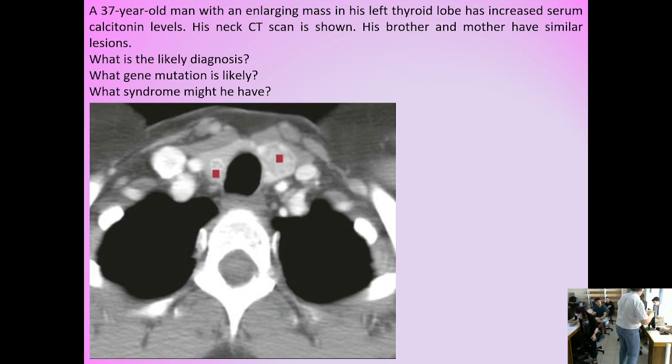So all these are signs of a paraneoplastic syndrome. So when we have an endocrine clinical syndrome, of course, we look at the gland which secretes the hormone.